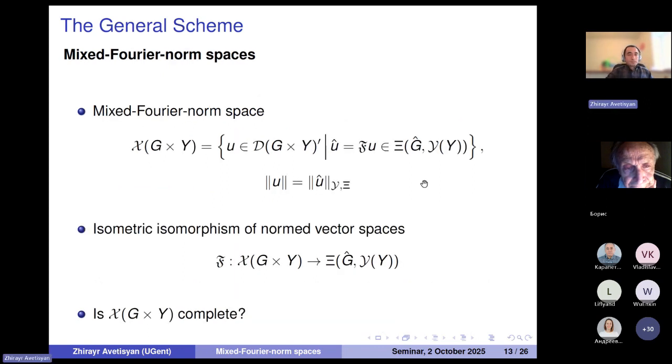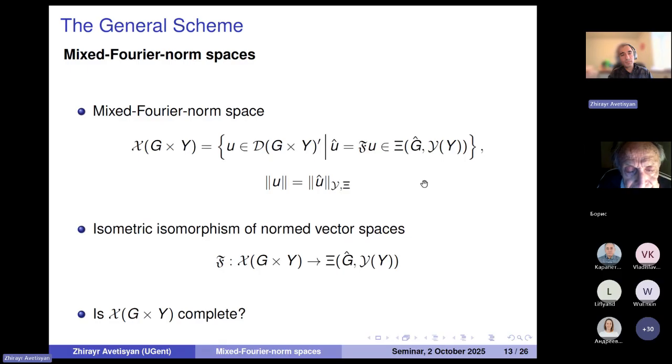All right. Now we had the mixed norm space. Now we have the Mixed-Fourier-norm space, which is essentially the Fourier pre-image of the mixed norm space. In other words, our Mixed-Fourier-norm space chi over G cross Y is the space of all distributions U, of which the half Fourier transform belongs to the mixed norm space defined in the previous page.